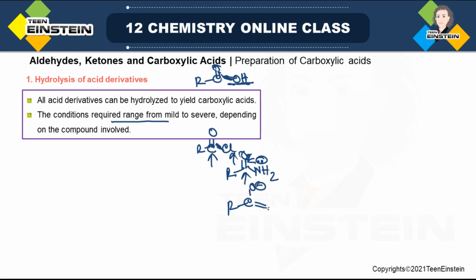Now the structure is like this. So the electrophilic character of the carbon is reduced. That is why this derivative of carboxylic acid is not very reactive. So now if you want to do hydrolysis, you have to use drastic conditions. Fine. So the conditions required depend on which derivative you have taken.